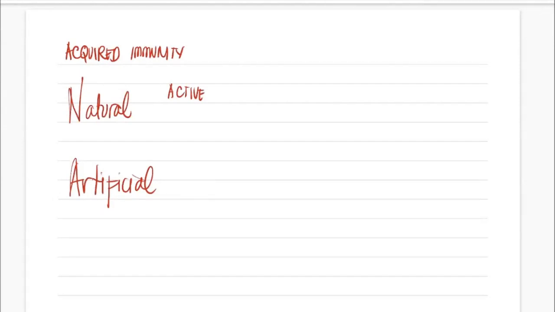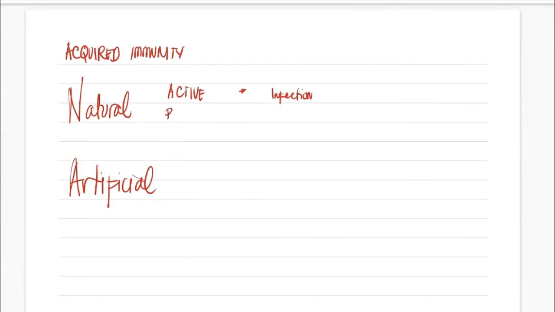So that means we are exposed to antigens naturally, kaya tayo nakapag-produce ng antibody. Okay? So example of a natural way of acquiring immunity is through infection. Diba? Kasi once na-infect tayo, diba? Nakakapag-produce tayo ng antibody against those antigens responsible for the infection. Okay? So tayo mismo yung nagpo-produce ng antibody.